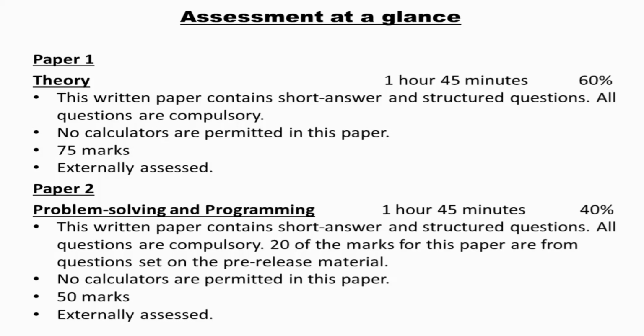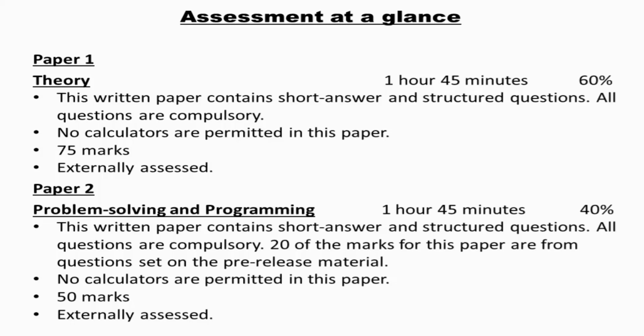It consists of short answers and structured questions. All the questions in this paper are compulsory. The marks for paper 1 are 75. Calculator is not allowed in this paper and it is an externally assessed paper.